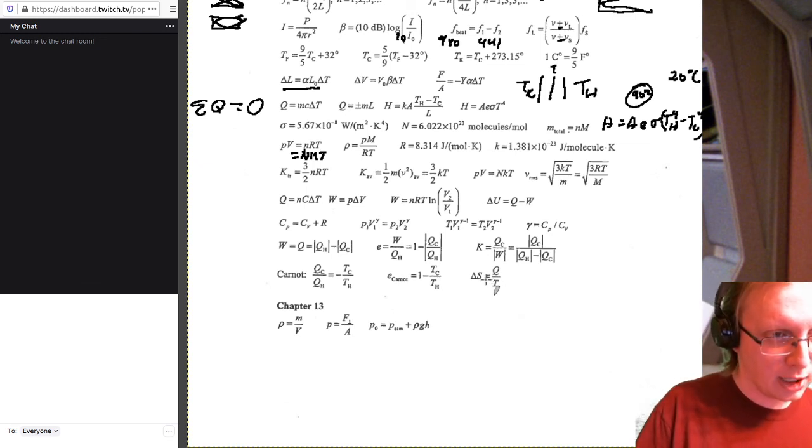Or you could look at this particular thing up here, and then you could say, if we're doing an isothermal expansion and compression, then the Q is equal to 0, and therefore, right, Q, yeah.